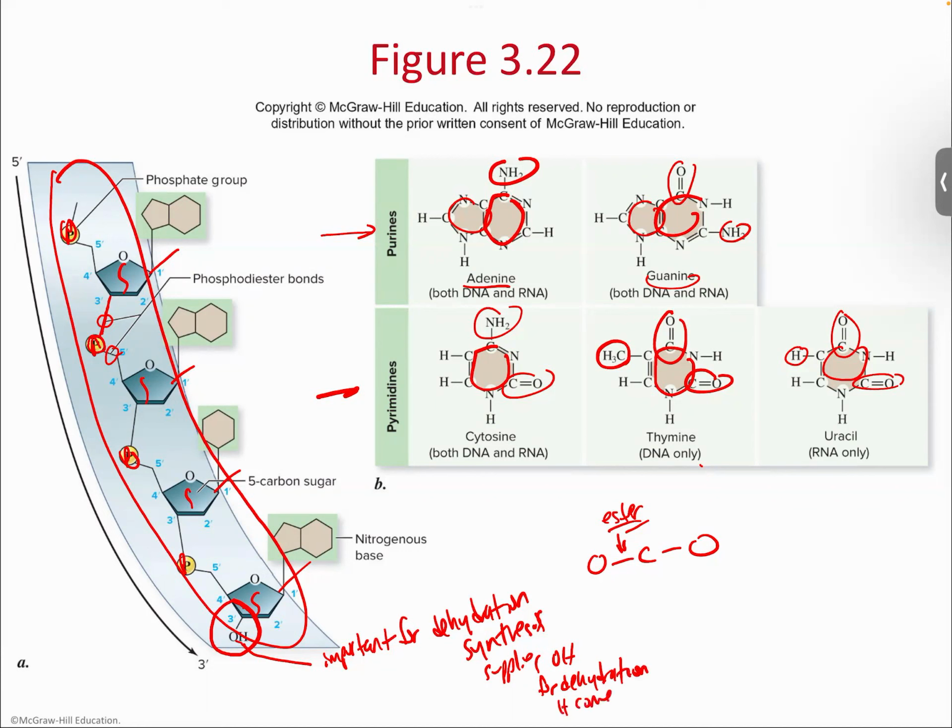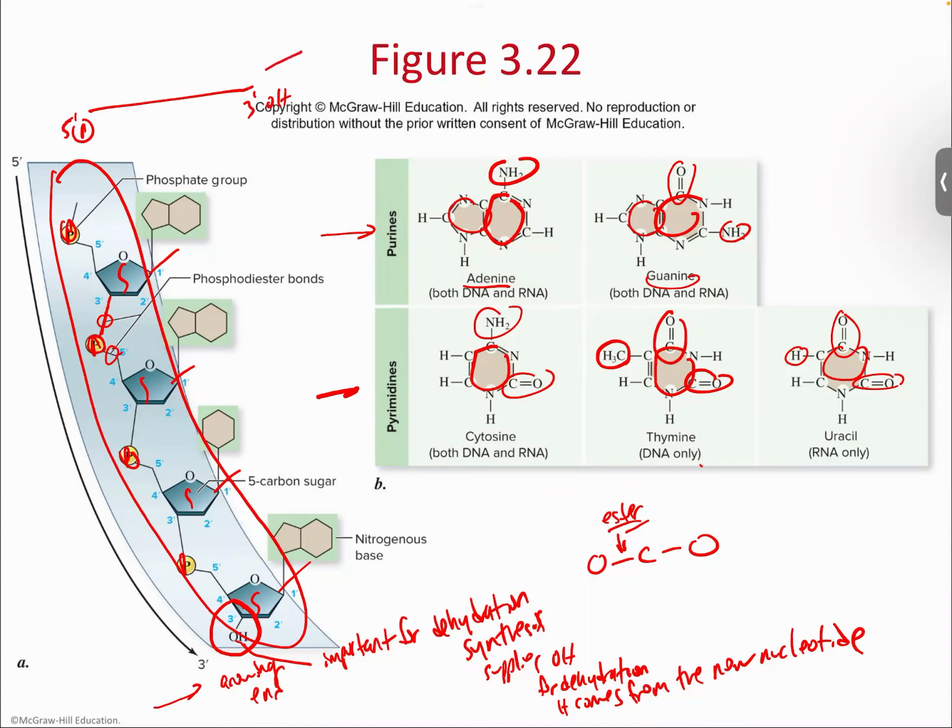And the H to go with this comes from the new nucleotide. So this is the reason why this OH is important, because this represents what we refer to as the growing end. So you add your next nucleotide to this 3' end. So generally speaking, in any stretch of DNA or any kind of nucleic acid, you typically will have a 5' phosphate on one end, and on the other end, you'll have a 3' OH.